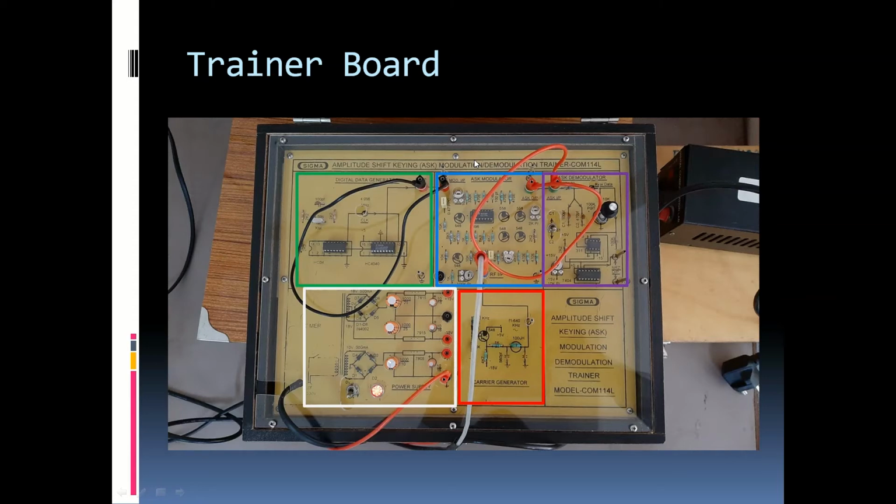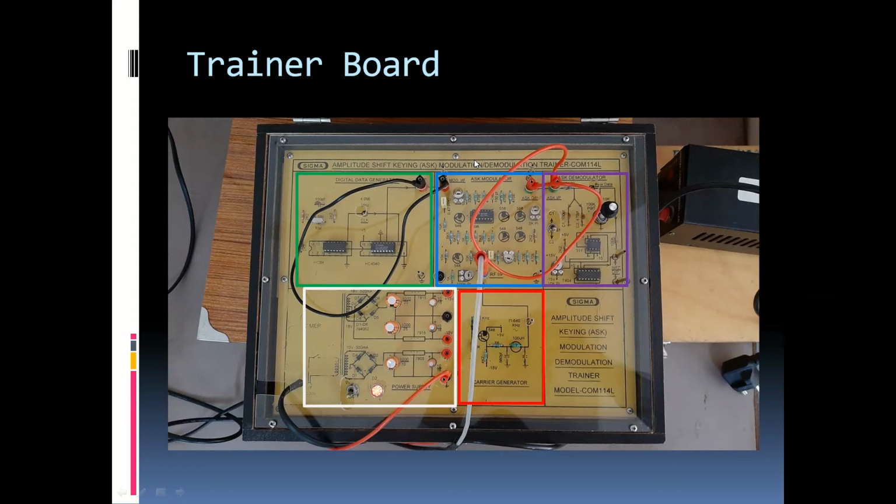So it's a sinusoid generated as the carrier signal, as usual in any amplitude modulated signal. The ASK modulator block uses the MC1496 circuit to generate a balanced modulated signal, which you may also have used for an amplitude modulation circuit.